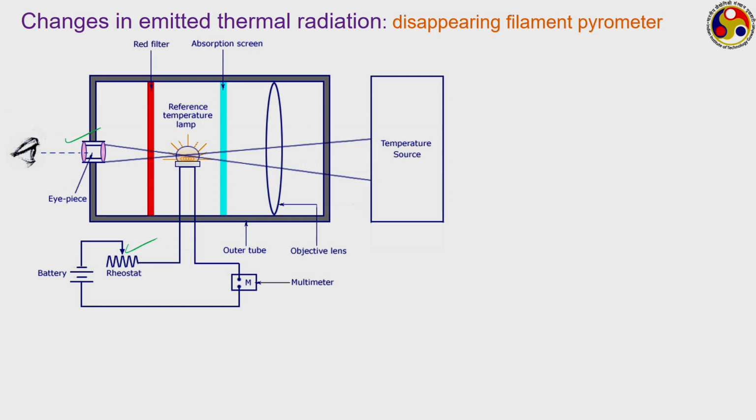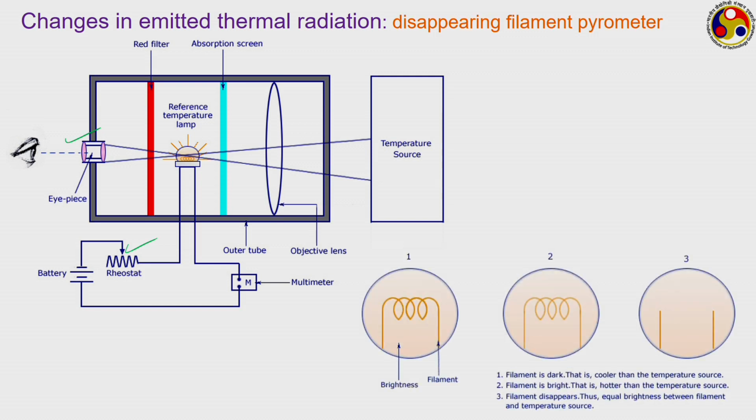It is a purely observation based device, so our idea is something like this. When the filament is visible as dark compared to the main source, then the filament temperature must be lower than the temperature of the source. When the filament appears lighter compared to the source, then it must be at a higher temperature, because it is emitting more white light, or emitting more from the whiter section of the visible spectrum.